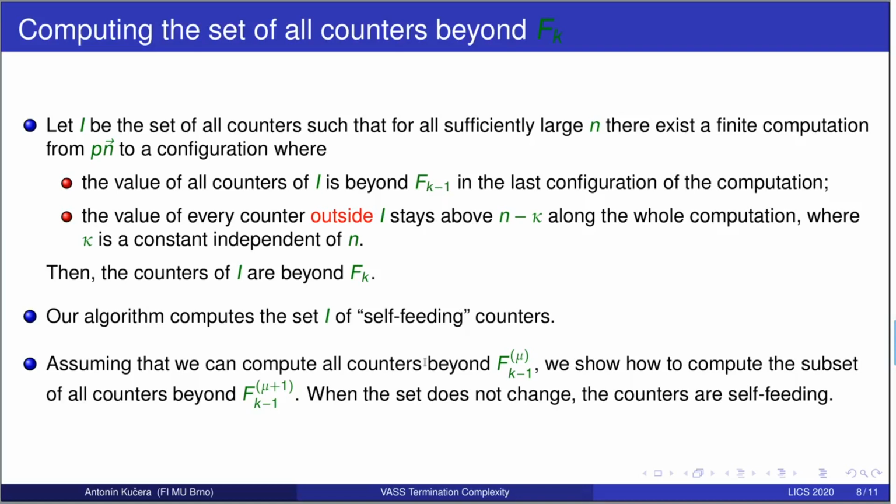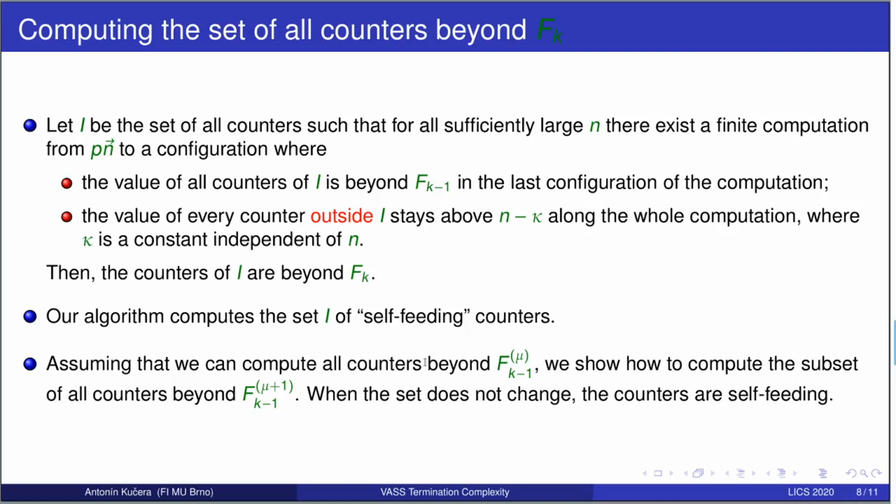Well, at the beginning we optimistically assume that all counters pumpable beyond fk minus 1 are self-feeding, and then we try to identify a subset of these counters which are pumpable not just beyond fk minus 1, but beyond fk minus 1 after fk minus 1 of n.